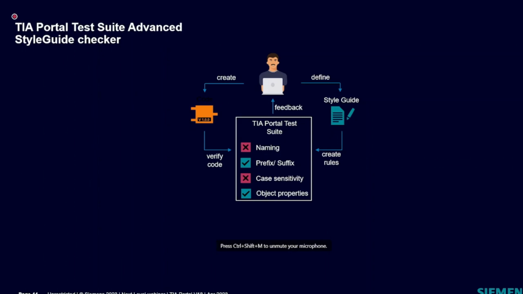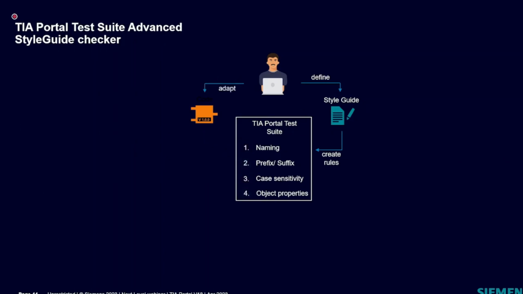Suppose he didn't use the B as a prefix or suffix, then this rule will tell you that in this particular code, this particular variable has not followed the standard. From this, we can identify that the standard has been deviated from. Test suite will help you identify this. This is automated, not manual work.